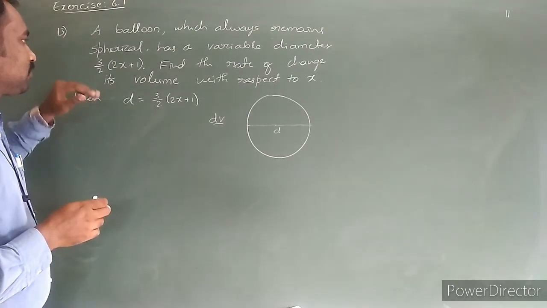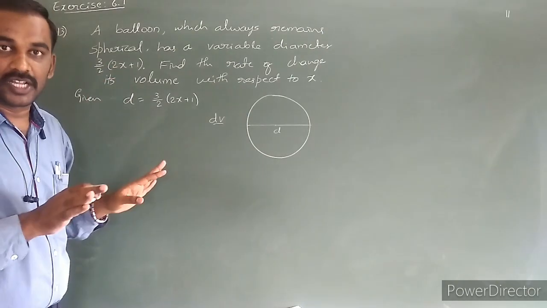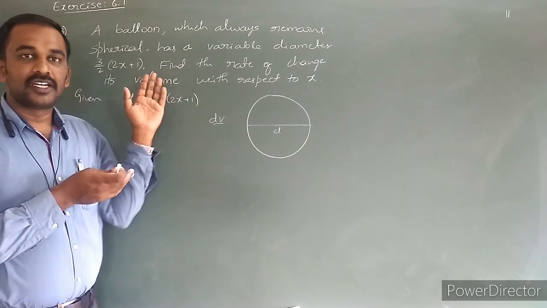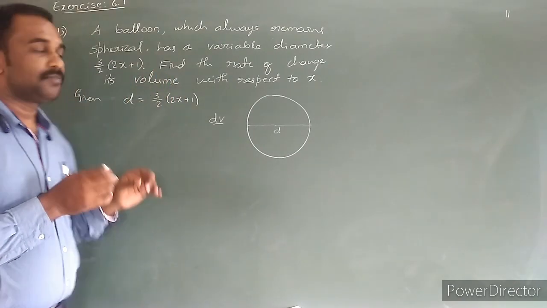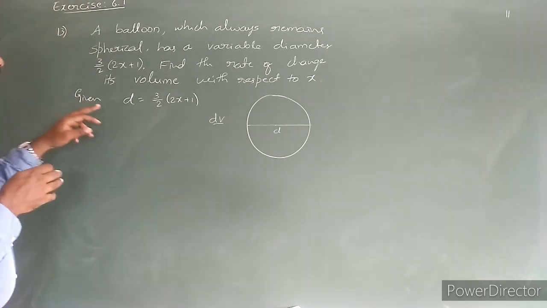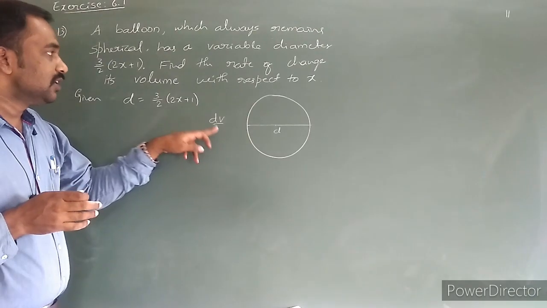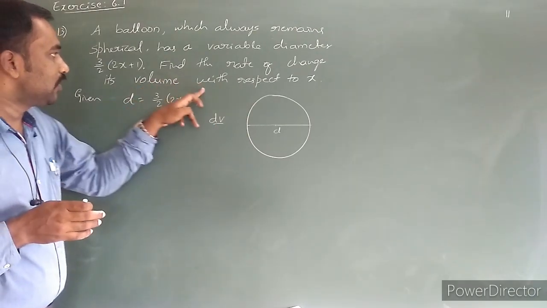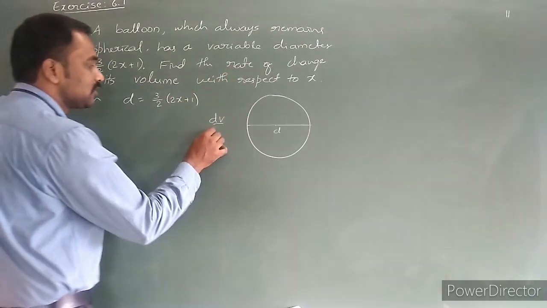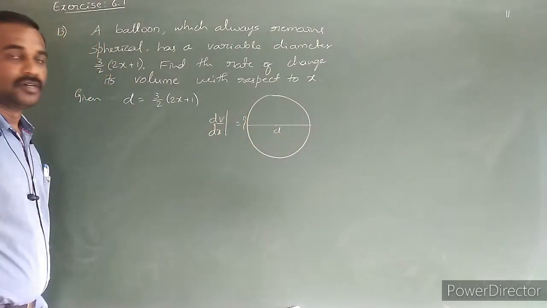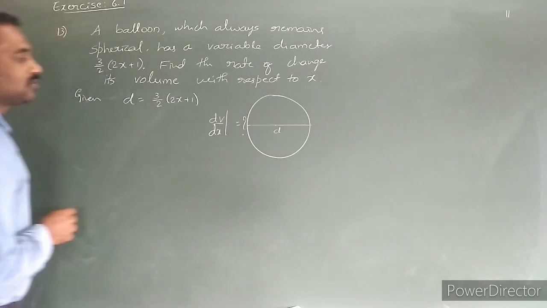Previously they used to ask for the rate of change of volume with respect to time, but here the diameter is in terms of x, so they mention volume with respect to x. So it is sufficient to find dv by dx.